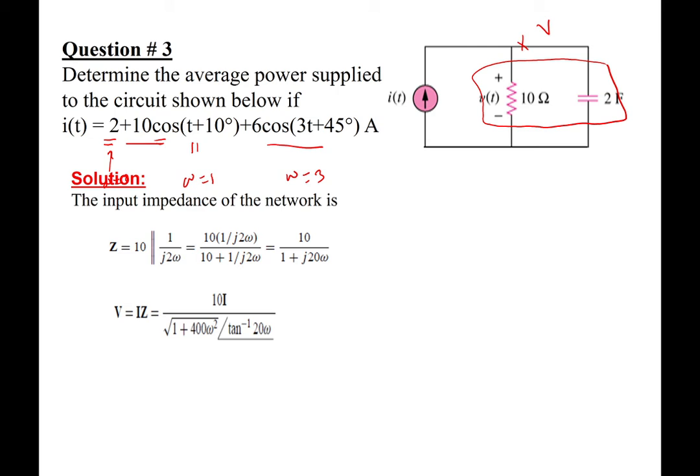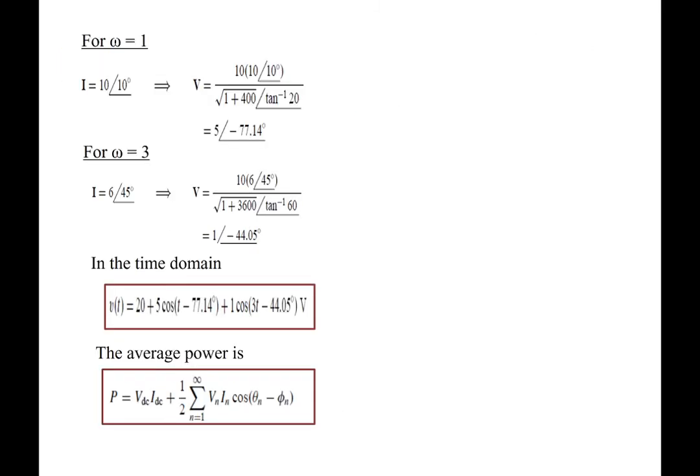Of course the current, as we said, sometimes will be a DC, sometimes it will be a fundamental, sometimes we're going to have a third harmonic, and omega is also changing. So when omega is 0, which is the DC component, we can find the voltage. And when omega is 1, again find the voltage. When omega is 3, you will find the voltage.